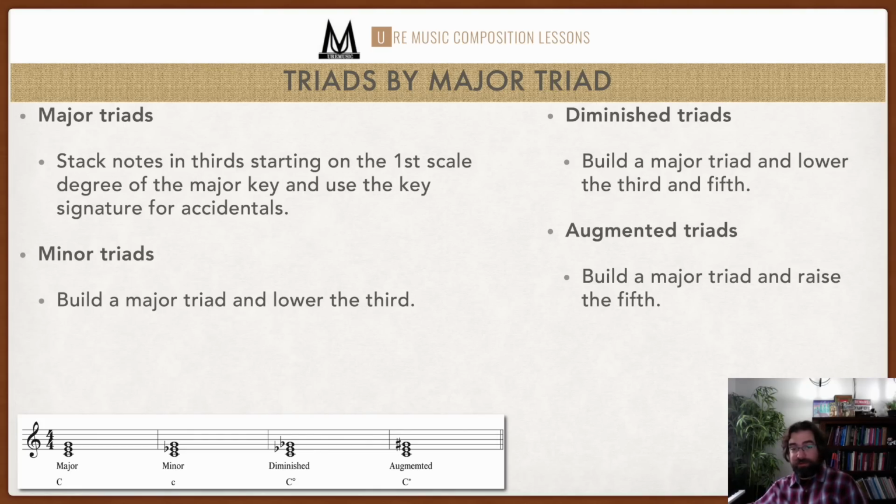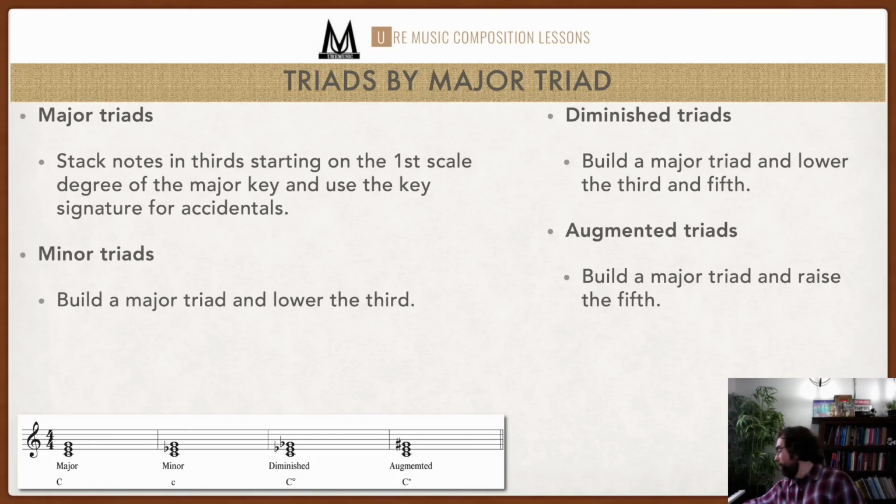So that means in C major, the second scale degree is D, so I can build a triad on D. You hear that minor quality. I can also build a triad on E. So using the E scale degree as the basis for the triad, that also forms a minor triad. And the last one is going to be A minor. So if I build a triad in thirds on the sixth scale degree using the key of C major, I get an A minor triad.